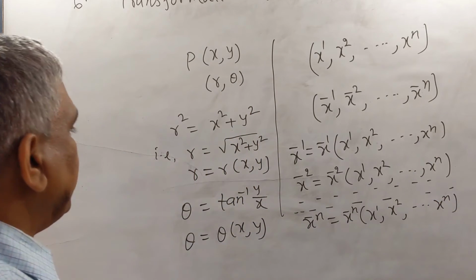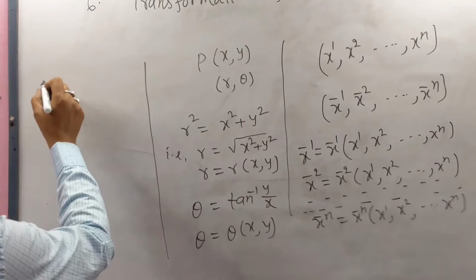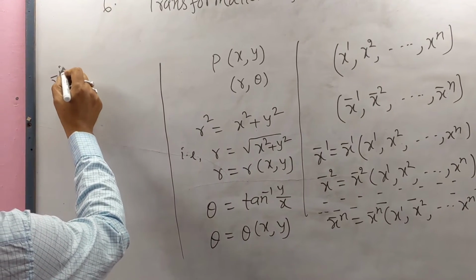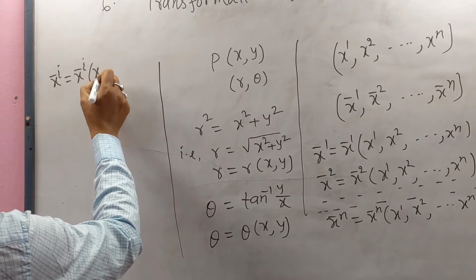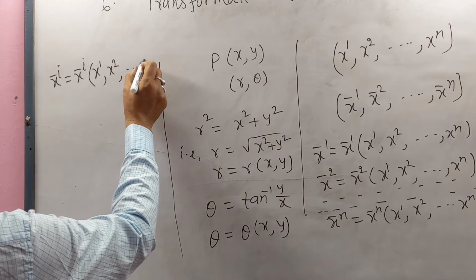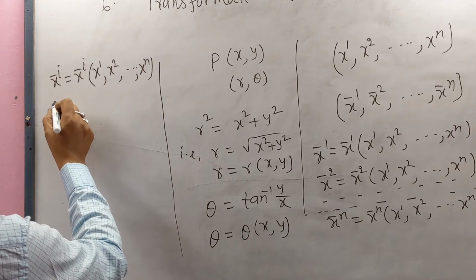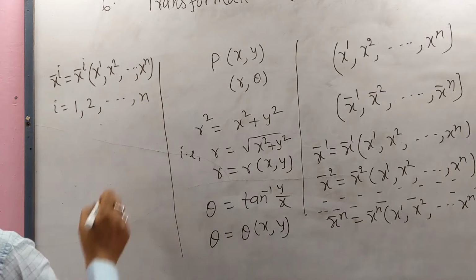In short, we may write x bar i is a function of x1, x2, ..., xn, where i equal to 1, 2, ..., n.